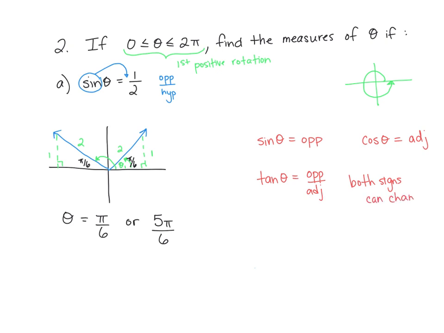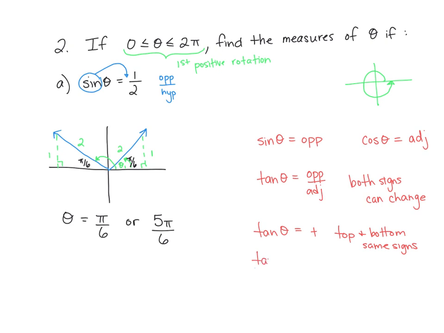So when I have a ratio that's based on tan, if tan of theta, that ratio that I'm given, is positive, then the top and bottom have to have the same signs. So I'm either moving to the right and up, which would give me two positives, or to the left and down, which would give me two negatives, which we know makes a positive.